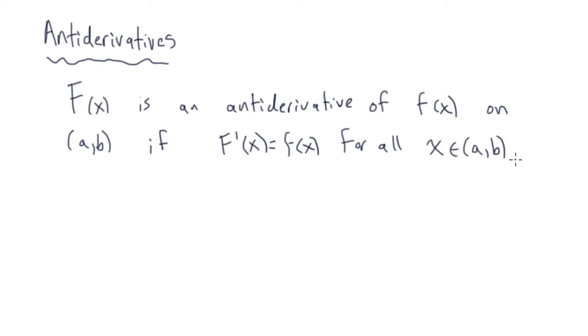Okay, and so what we can say is that for such a function, capital F of x, to exist, given a function little f of x, it's enough to just say that little f of x is continuous. And that's all we'll say about that for now. But remember, another important note is that we're using this word "an", which implies that antiderivatives are not unique.